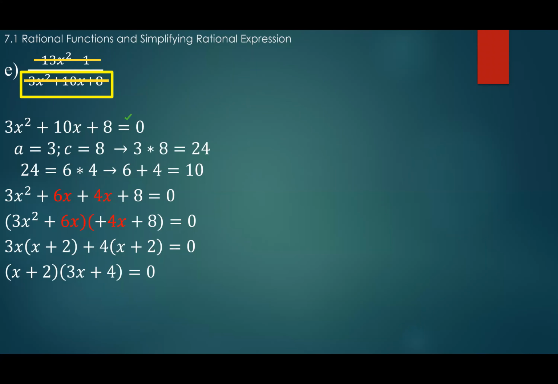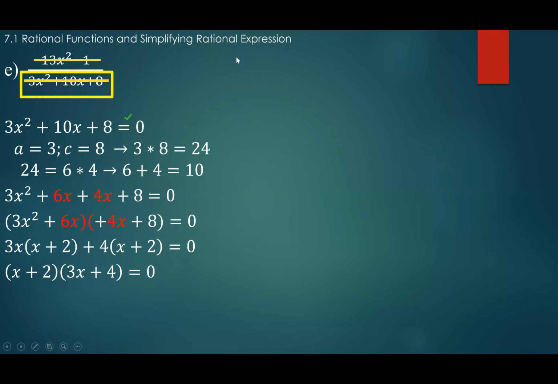All of this on your screen, we did this before. We did this two weeks in a row. So is this new? Hopefully not. Whatever we did here is the AC method, and then we factor with AC.